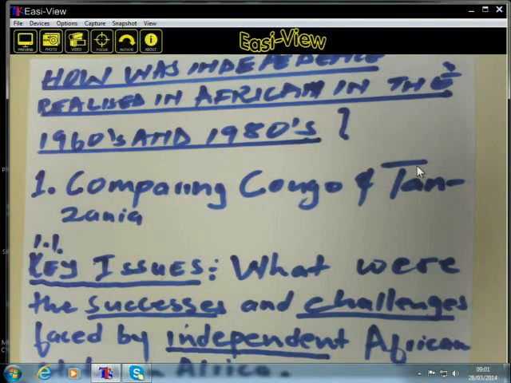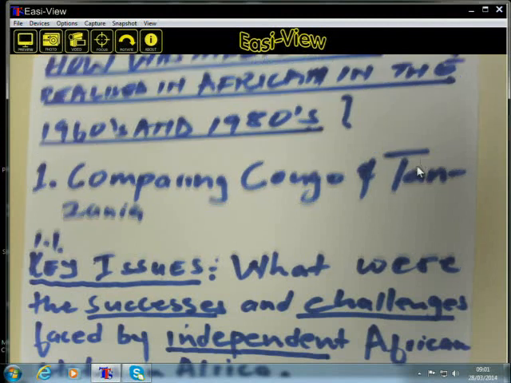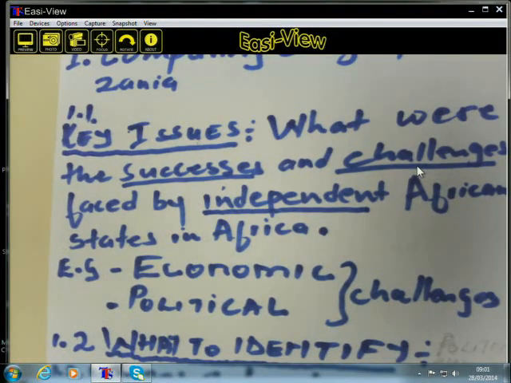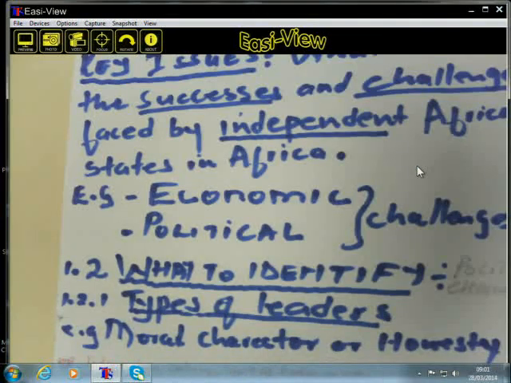Particularly, remember, emphasis is on Tanzania and Congo, where we are going to be examined. And for these successes and challenges faced by these independent African states, we must look at economic and political challenges. That's why our comparison should be made.